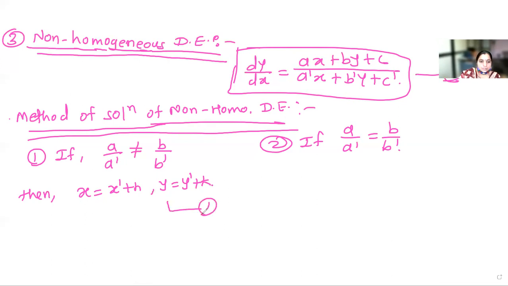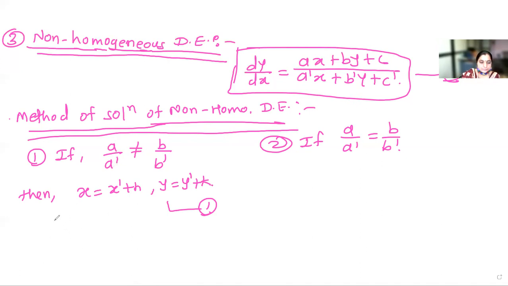By using this substitution, the non-homogeneous equation is converted into a homogeneous equation, and we know how to solve that by putting y upon x is equal to v, or y is equal to vx. So the first step is to convert the non-homogeneous differential equation into a homogeneous one, and then solve it.